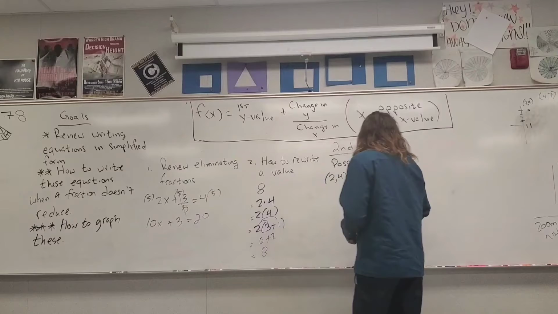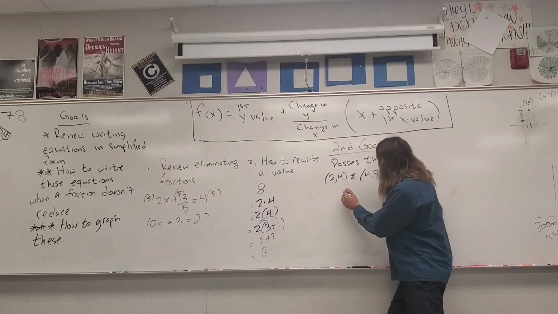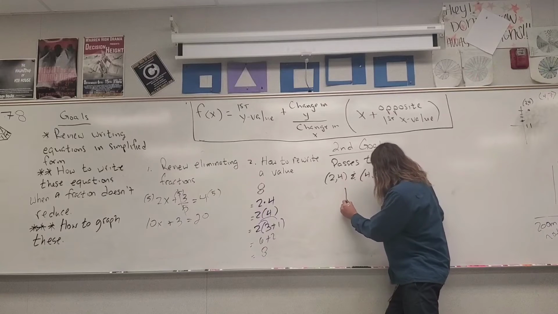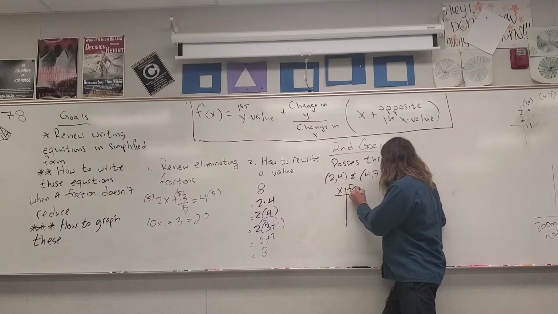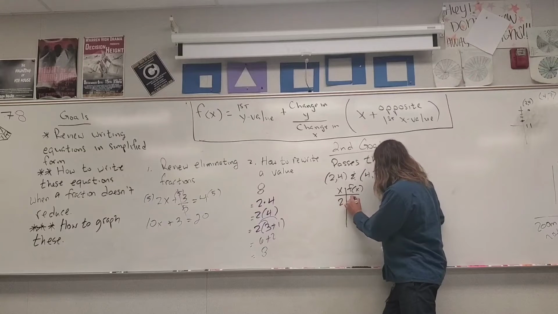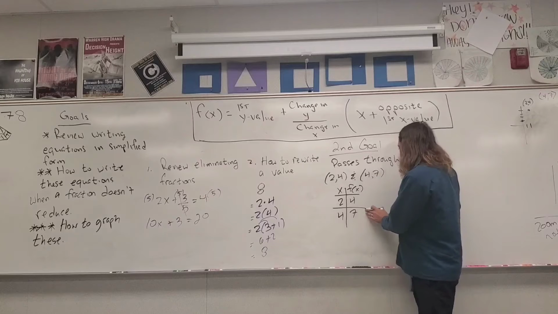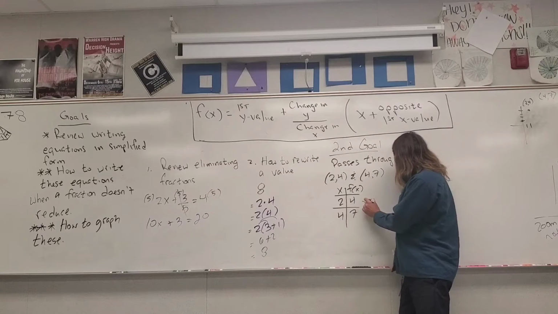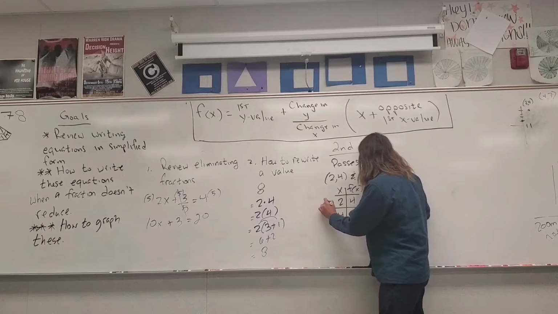Okay, so I want to write this as a table, and I have 2 and 4, and 4 and 7. To go from 4 to 7, I need to add 3, and to go from 2 to 4, I need to add 2.